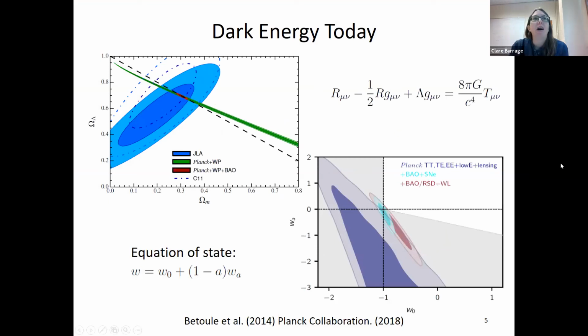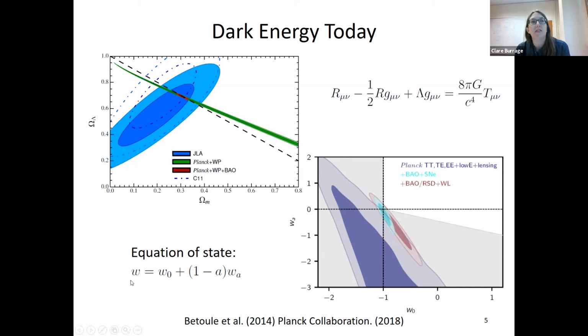Right. So this is the picture. Top left is the picture that we talked about before. This is the fraction of matter that looks like a cosmological constant, and the fraction of matter that looks like matter. But what we have in the right-hand plot is asking what does our current data tell us about the equation of state of our universe.